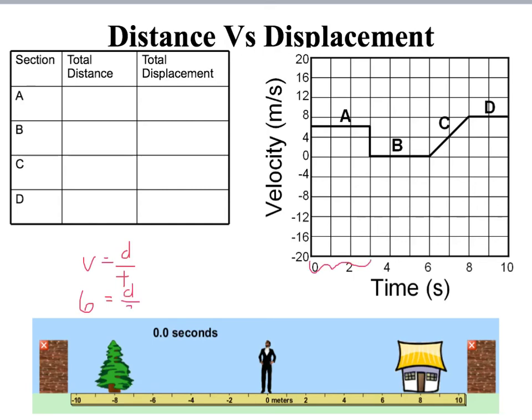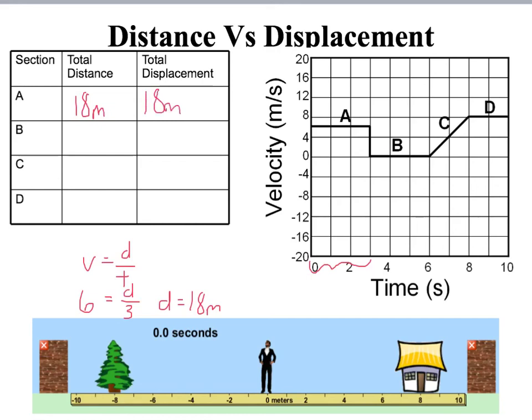So we could say v = d over 3. If we multiply both sides by 3, what we get is that there's a distance of 18 meters. So I'm going to put that in for part A. Now the displacement here would also be 18 meters. Since we're moving to the right for the whole time, the distance is going to equal the displacement.